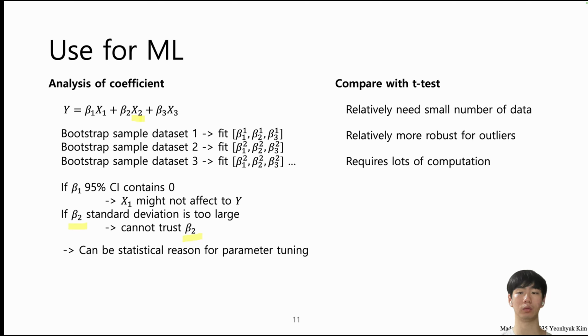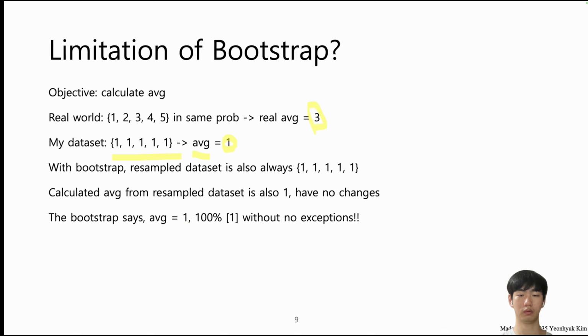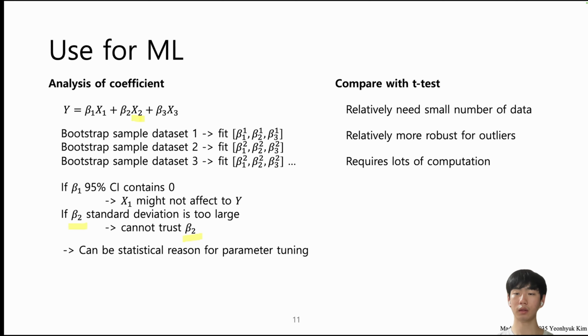Then, how is it different from the t-test we use to check if the predictor is the null hypothesis? Bootstrap relatively needs a small number of data and is relatively more robust to outliers. But if the dataset is too strange or not reliable, this kind of problem will happen. Anyway, compared with the t-test, it's more robust to outliers.